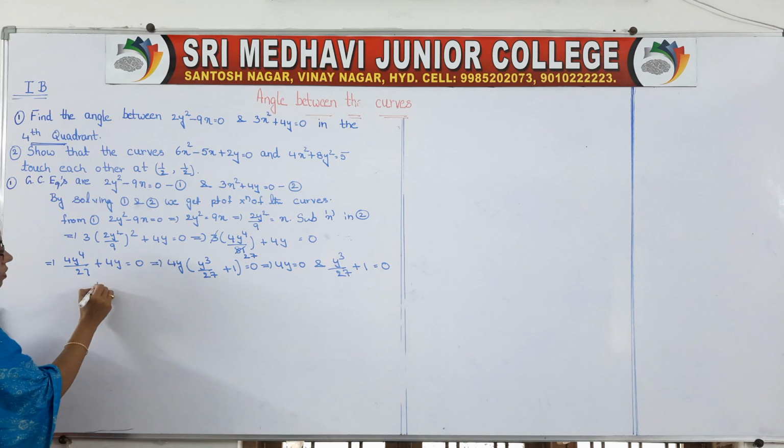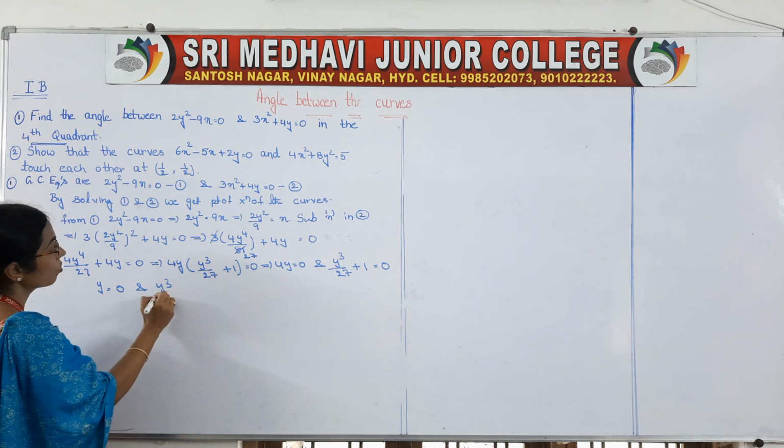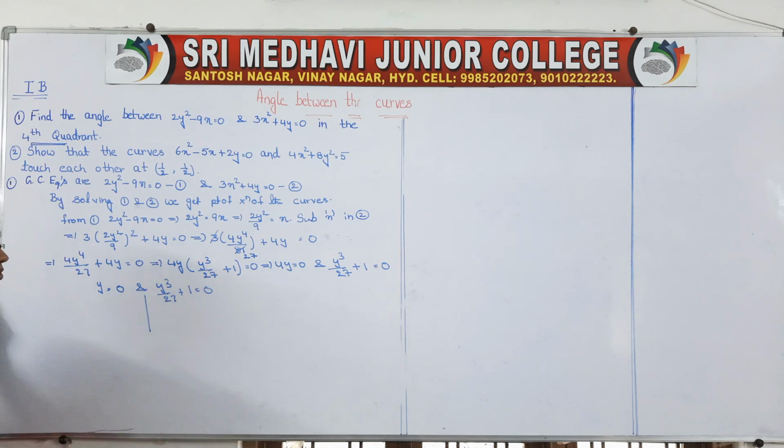So we got 4y is equal to 0 and y cube by 27 plus 1 is equal to 0. y is equal to 0 is not in the fourth quadrant.